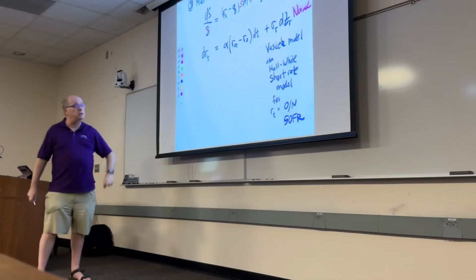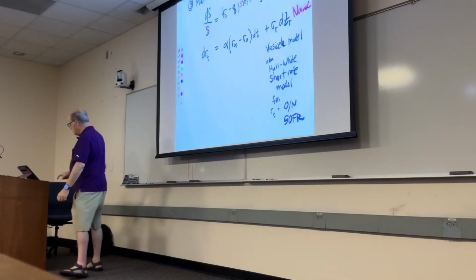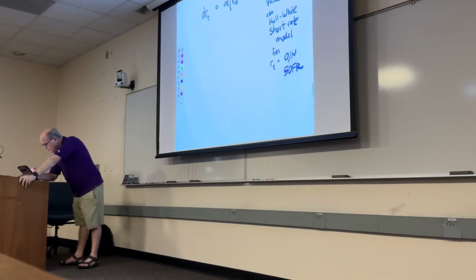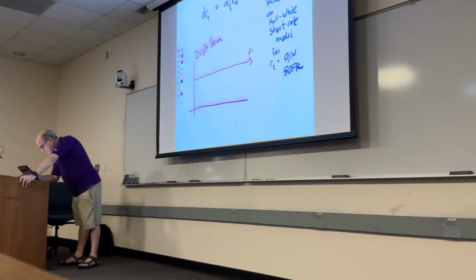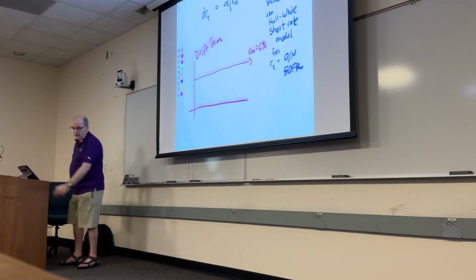What about the drift? What's different about the drift? Well, what does this drift mean? There's this R infinity, which in classical times we might assume is like the natural rate of interest rates.